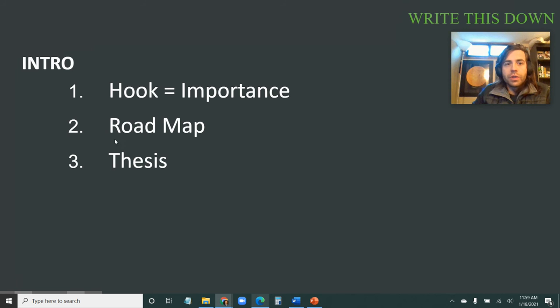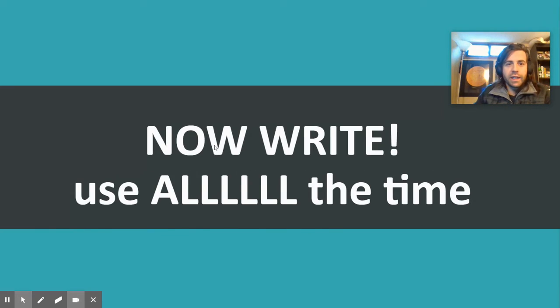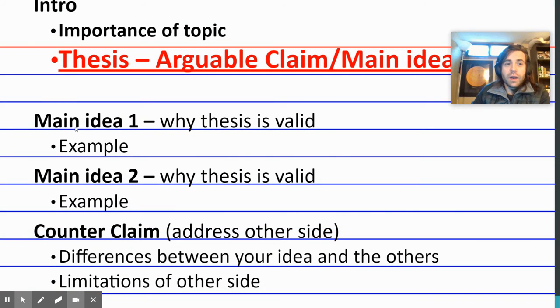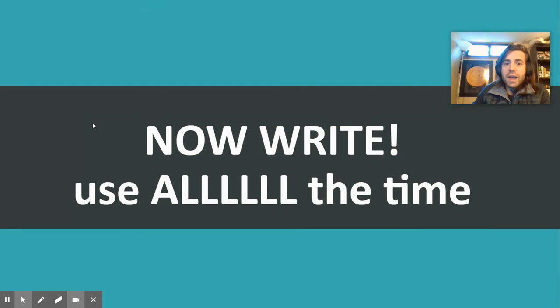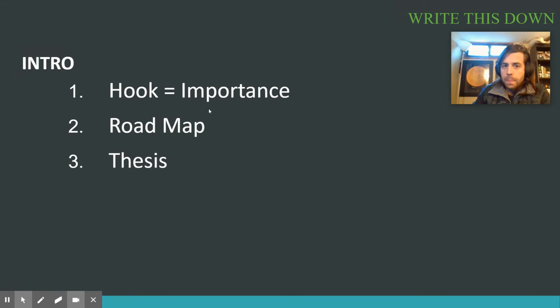I'd also encourage you to include what I'm going to call a roadmap to your essay, which will basically explain, okay, here are the main ideas I'm going to use to defend my thought about why this is important. And I'm going to wrap up, I'm going to put my thesis at the end of my introductory paragraph that's just clearly stating, here's what I believe.